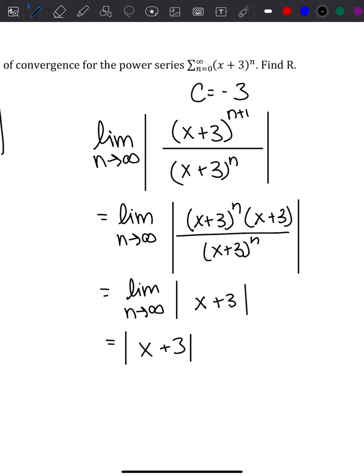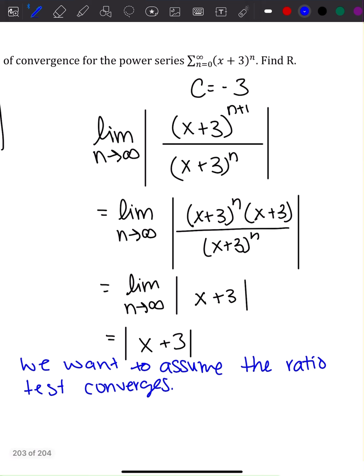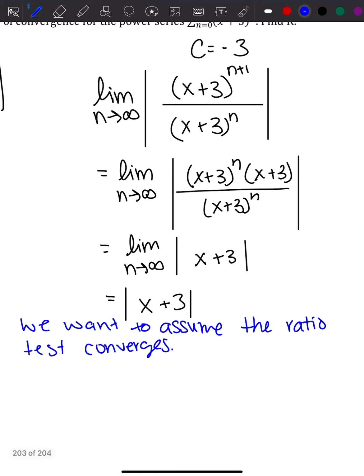The big thing is that we want to assume the ratio test converges, and that happens when whatever we get is less than 1. So we want 1 to be bigger than this x plus 3.